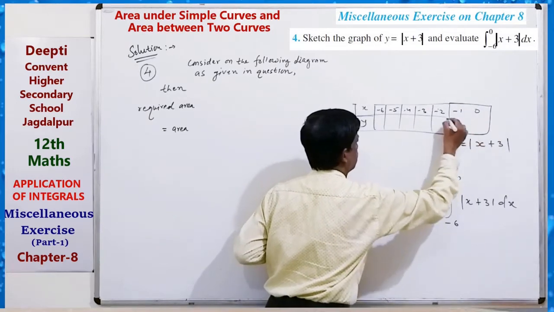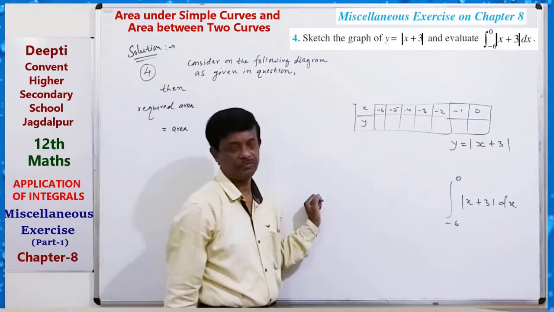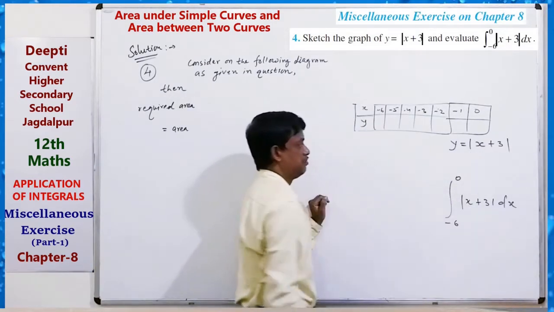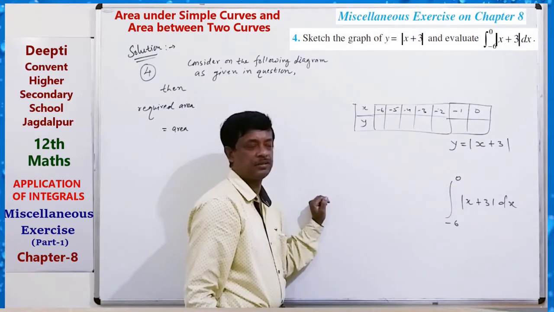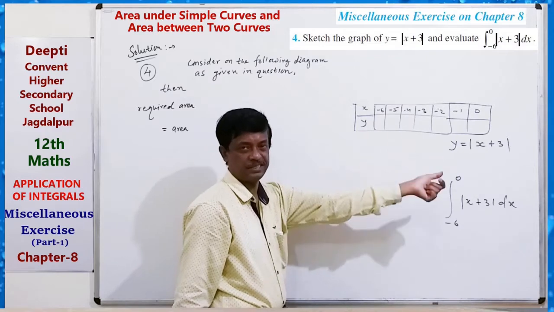So x equals minus 6, minus 6 plus 3 means minus 3.